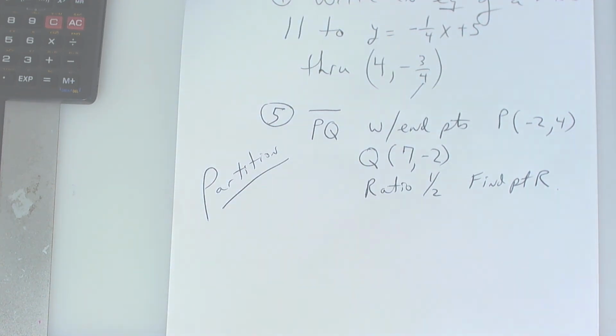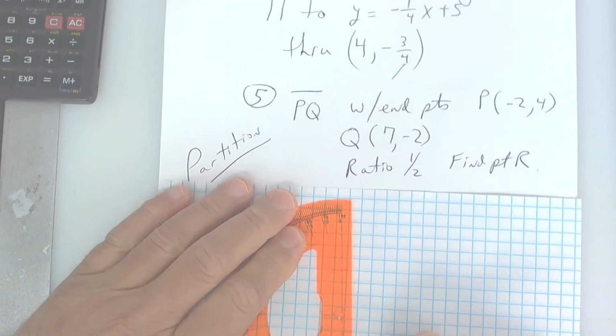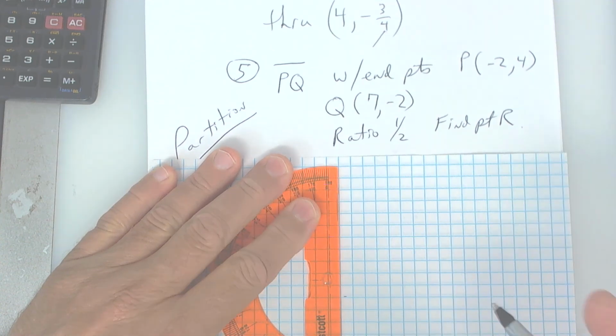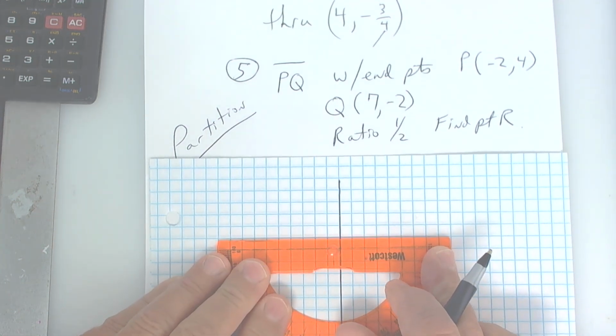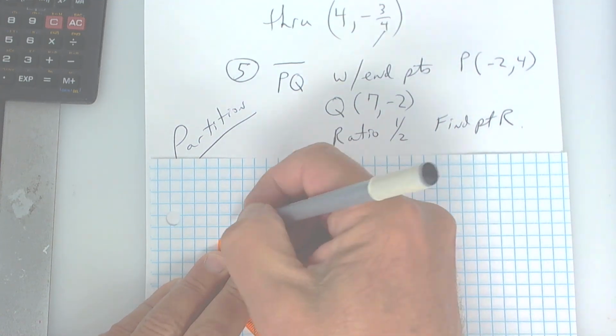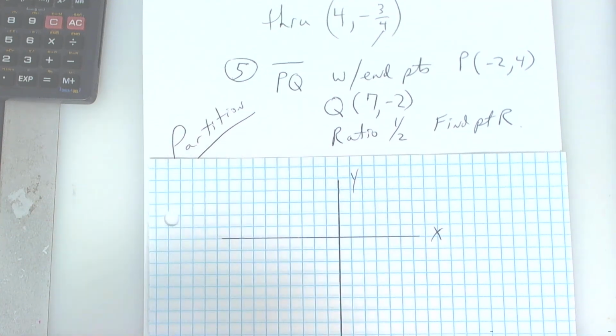I take something straight. Of course, they're going to give you the paper, but I'm going to have to make an X and a Y. So I start off like this. Draw that graph.